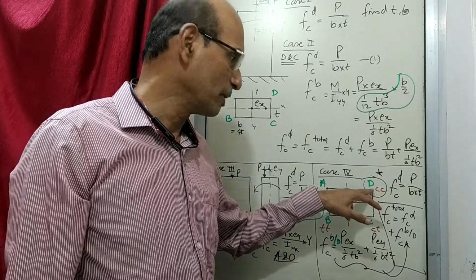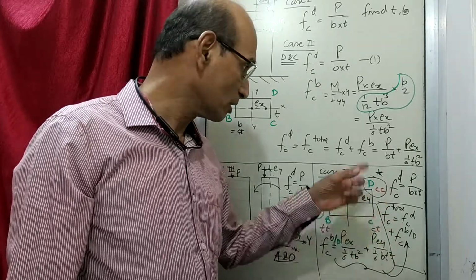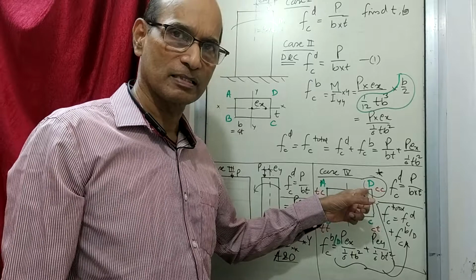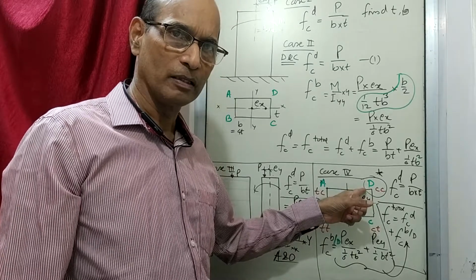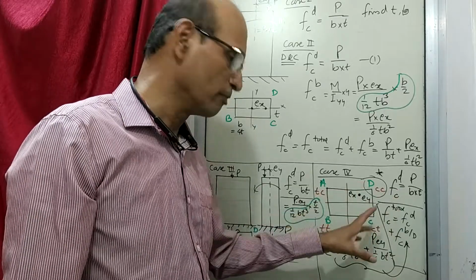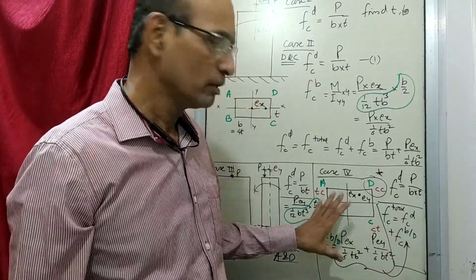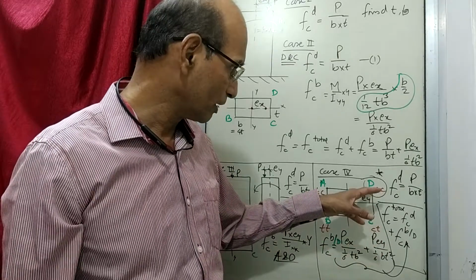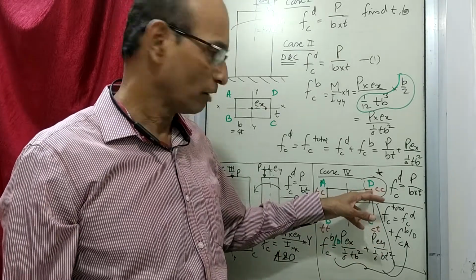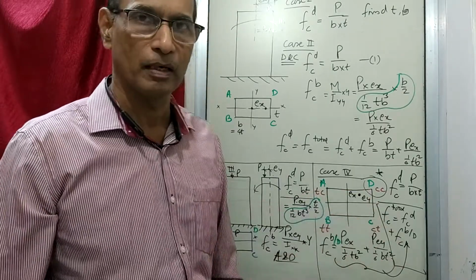So if you find out the dimensions considering point D, then the dimensions which you will get will be safe everywhere. If that cross section you decide to put everywhere, everything will be safe because we have found out the dimension considering the worst case. So it will be correct.